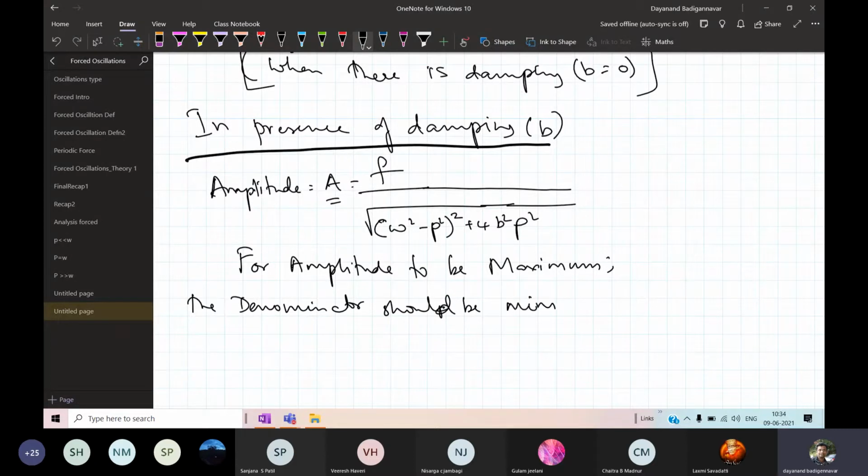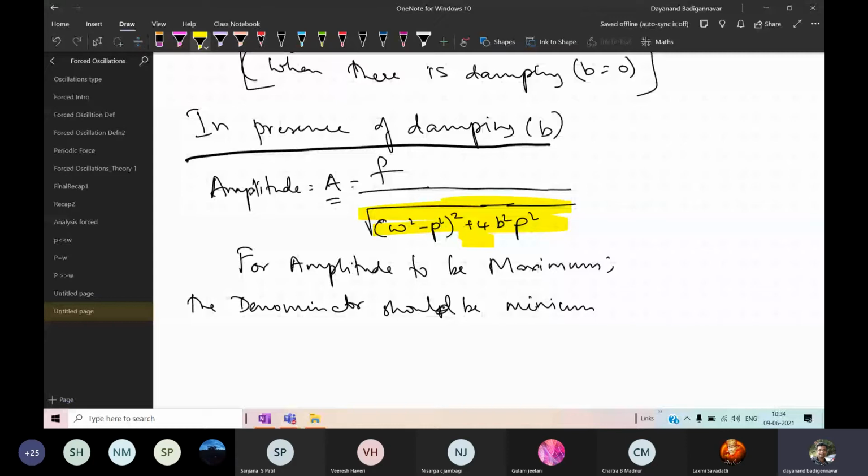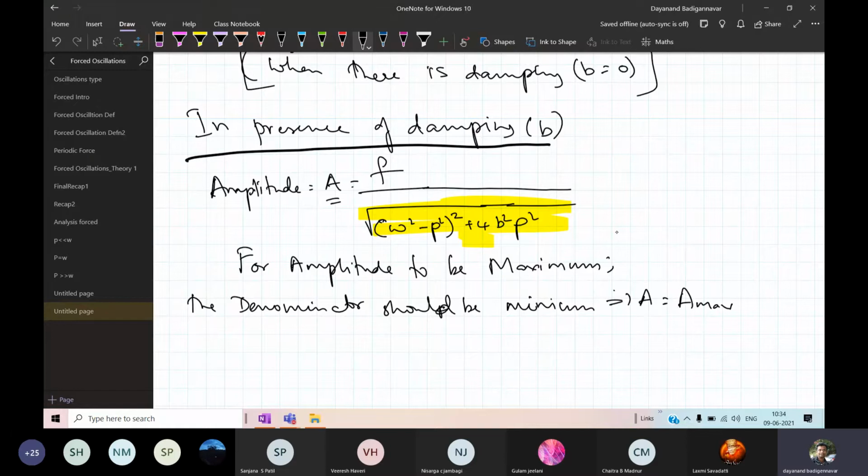You're getting the point? So here you have the denominator. When this denominator is minimum, the amplitude will be maximum. You get a maximum amplitude. So therefore A is equal to A maximum at resonance. Keep in mind, only at resonance you get the maximum amplitude, A max.